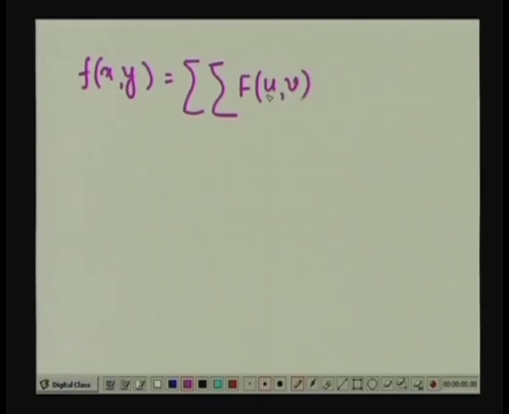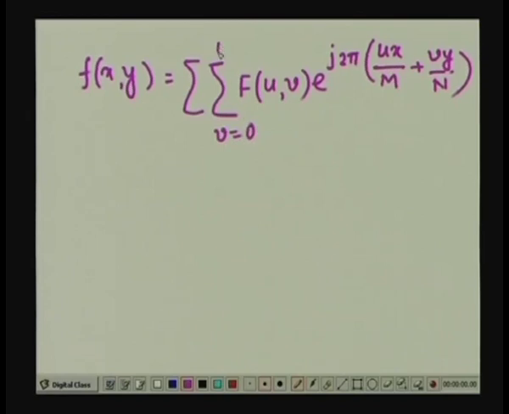So, the inverse Fourier transformation will be given by f(x,y) equal to double summation F(u,v), which is the Fourier transformation of f(x,y), e to the power j 2 pi (u x by M plus v y by N), and now the summation will be from v equal to 0 to capital N minus 1 and u equal to 0 to capital M minus 1.